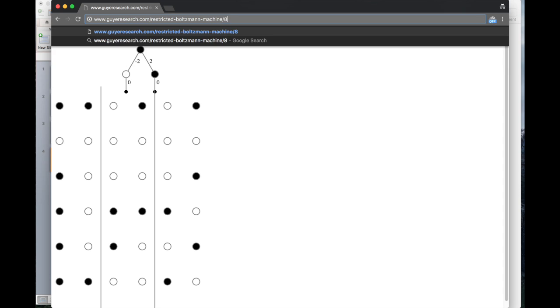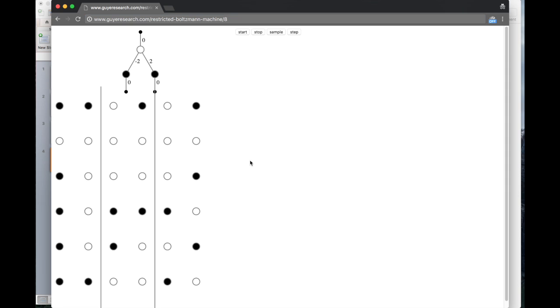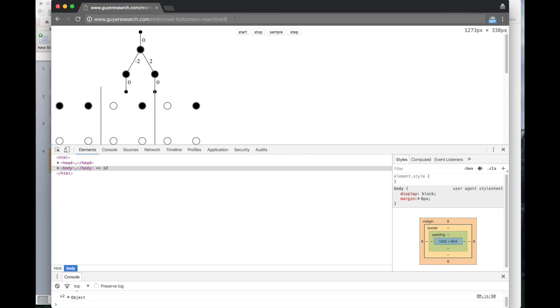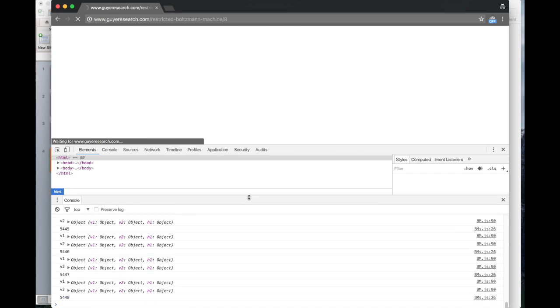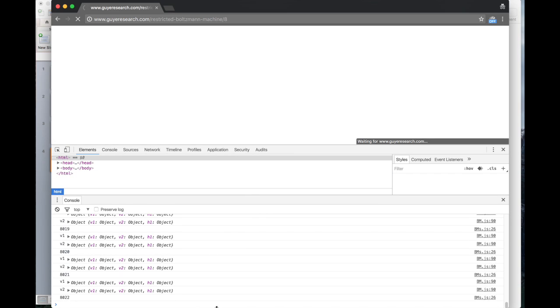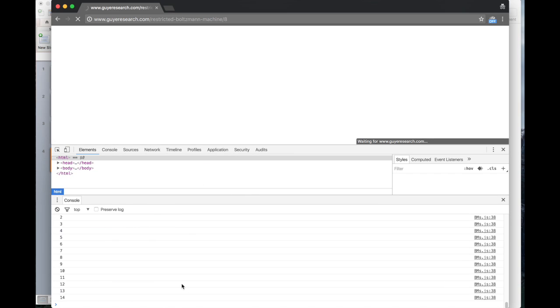To really prove that my system actually works as I expected, I have an 8th example where you won't see anything on the web page, but if you open the console of your web browser, you will see some prints.